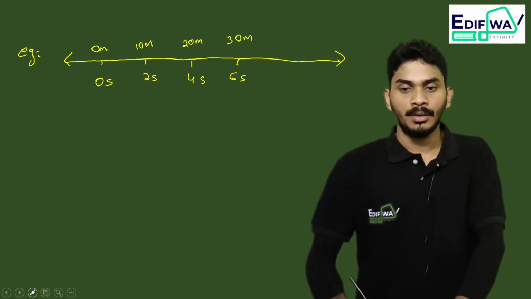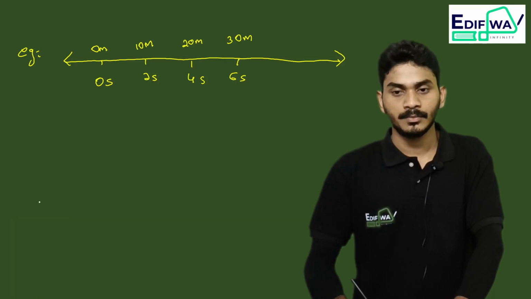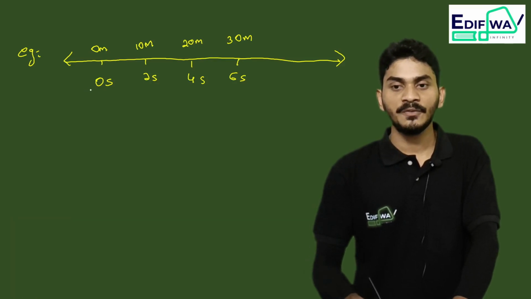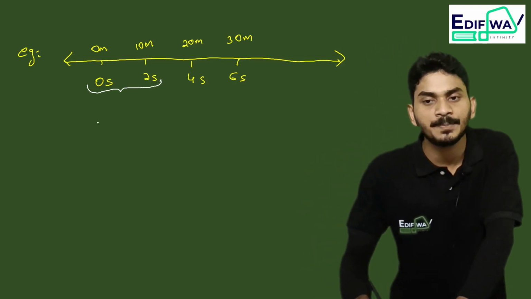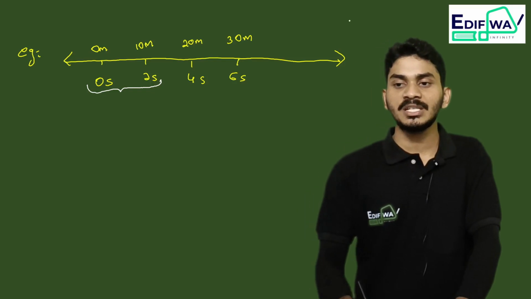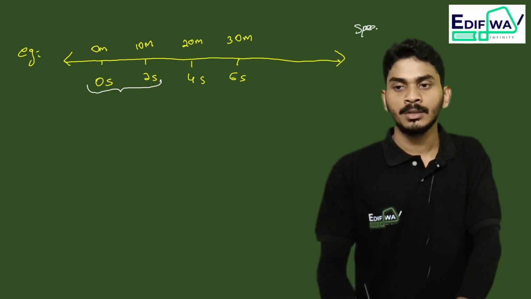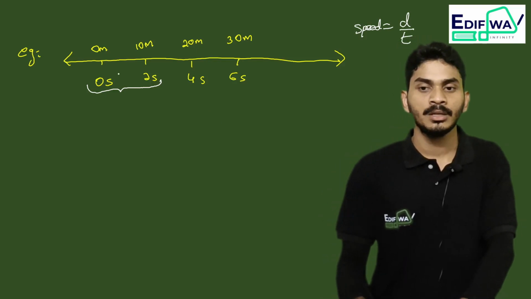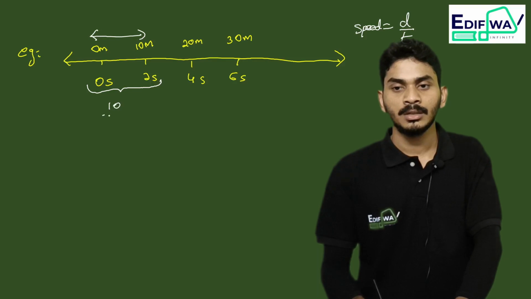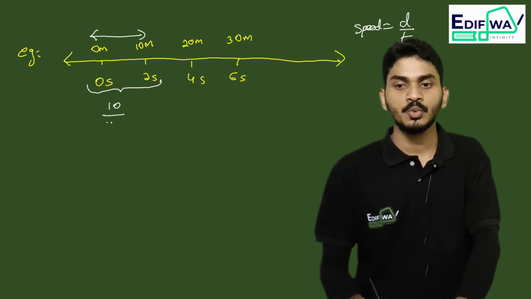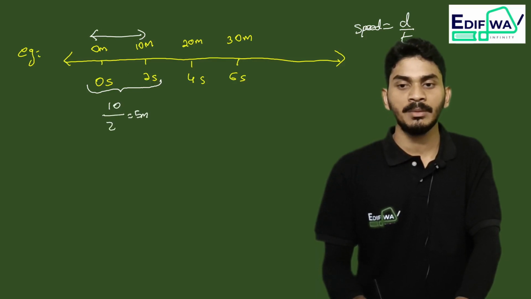Now in equal intervals of time, let's find the speed. In the first interval, 0 to 2 second, how to find the speed? You know that speed is equal to distance by time. Here the distance is 10 meter and the time is 2 second, so 10 by 2 is 5 meter per second.